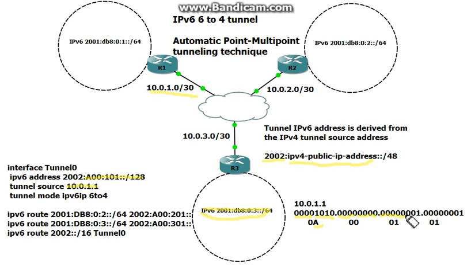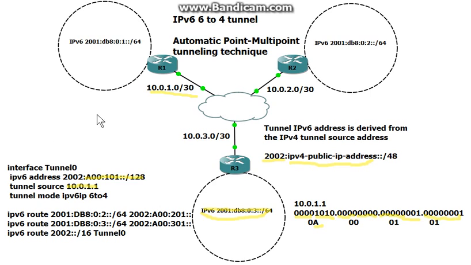And then just go ahead and separate each of these into 4-bit sections, and that's what you get. So that's why we have A00:101 as the IPv6 address that was derived from the IPv4 address.